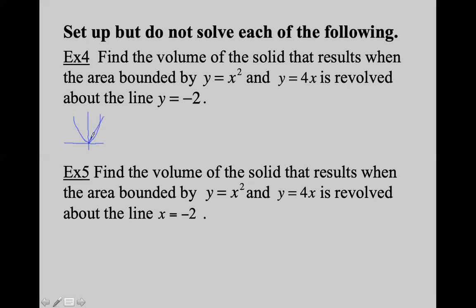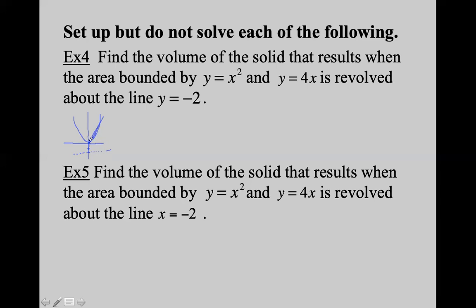So this is my shape, and I'm rotating it around the line y equals -2. So I'm going around this line. Notice there's a gap between my region that I'm rotating and my axis of revolution. So this is going to be a washer method, so I need to find my big R and my little r.